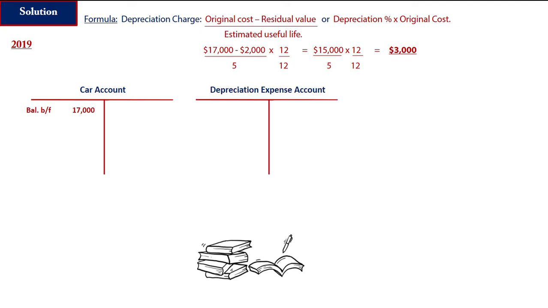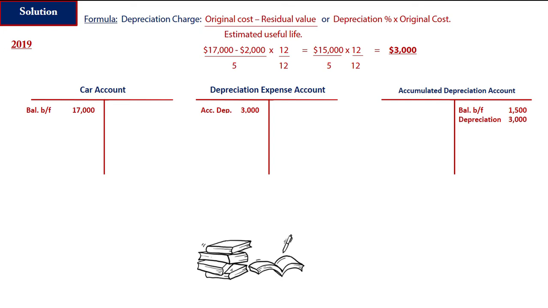We open a depreciation expense account and the accumulated depreciation account, which also had a balance from the previous year of $1,500. We credit it as balance brought forward. Now we bring the depreciation charge for 2019, which is $3,000, and debit the depreciation expense account, then credit the accumulated depreciation account.